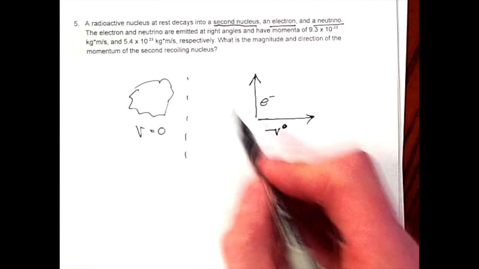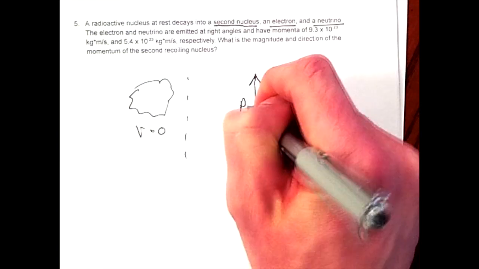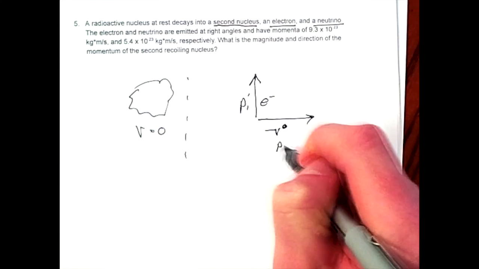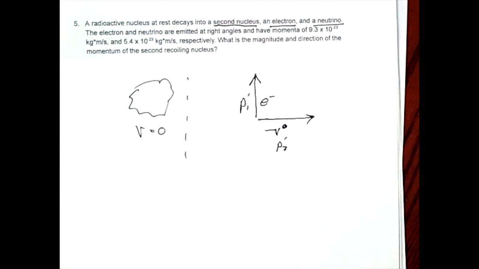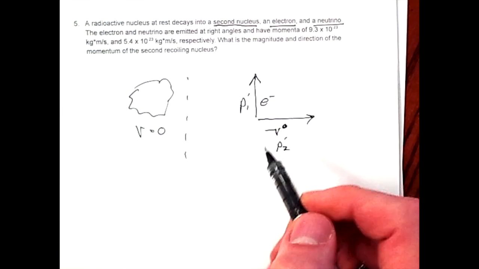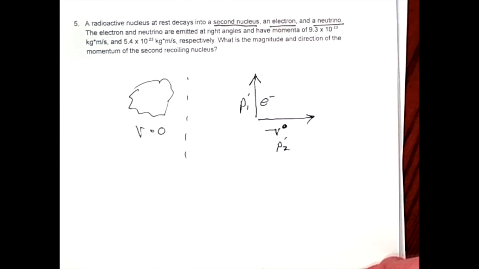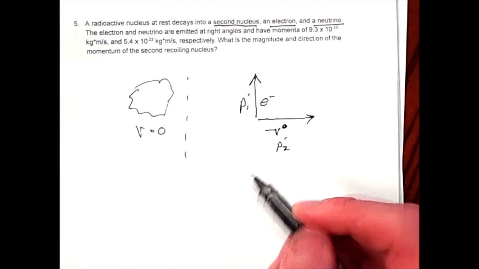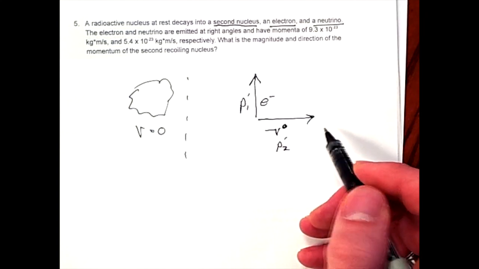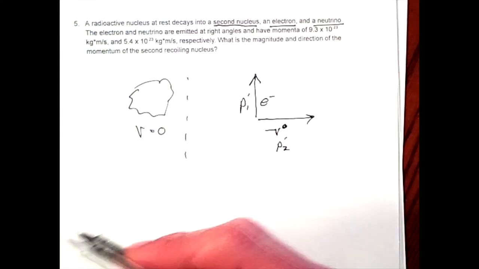So what I have to think about is that the total momentum must be 0. I have a p1 prime that goes up, and a p2 prime that goes right. In order to cancel out up, I'm expecting that p3 is going to have a component that goes down. And in order to cancel out p to the right, I'm going to expect that p3 has a momentum that goes left.